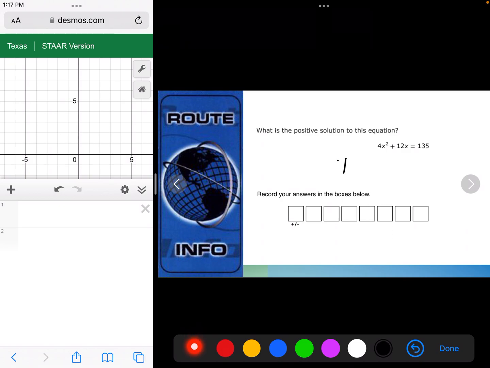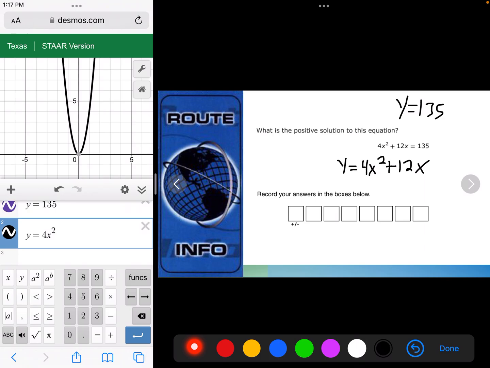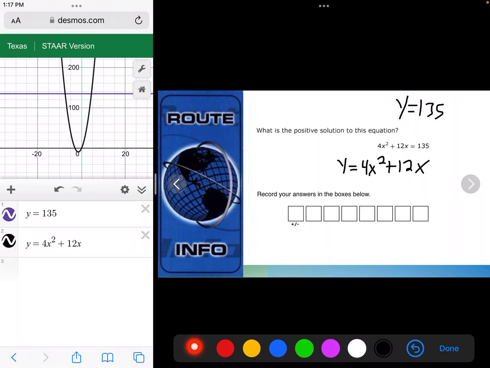So I could graph y equals 4x squared plus 12x, and I could graph y equals 135. Okay, and the solution is where those 2 lines cross, so I can zoom out quite a bit.